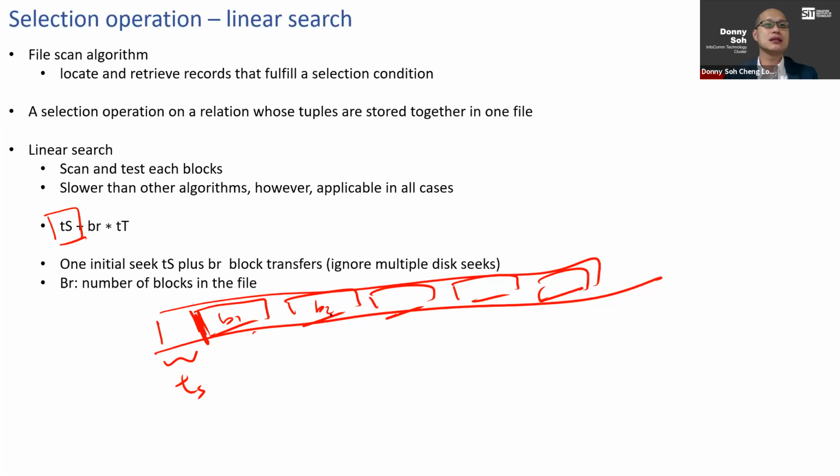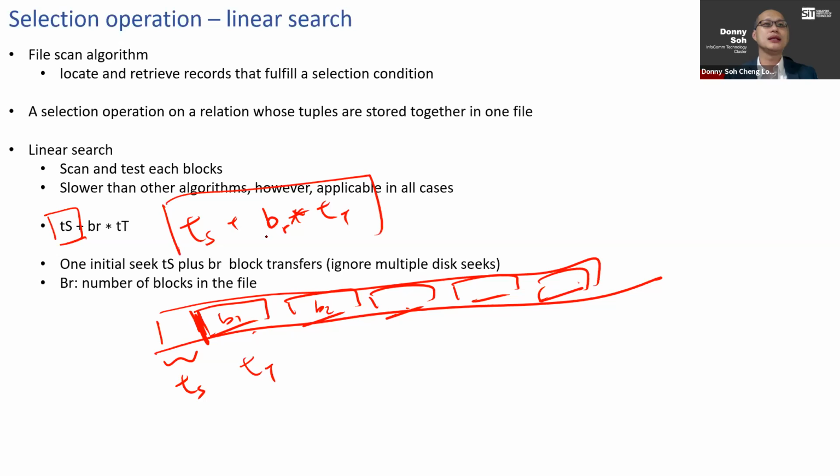For every single block that is transferred, it takes T of T time. If I have BR blocks, the time to transfer every block out is BR times T of T. So in total, I will need T of S plus BR times T of T.